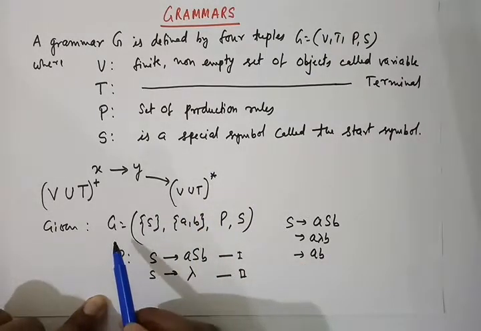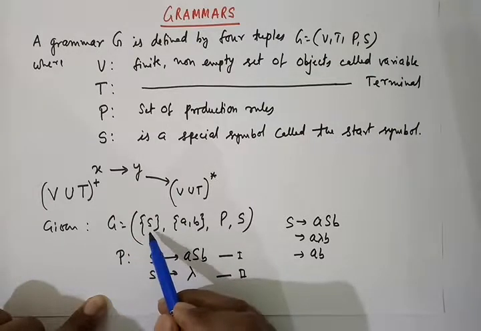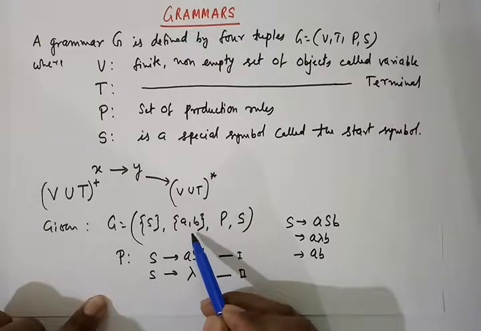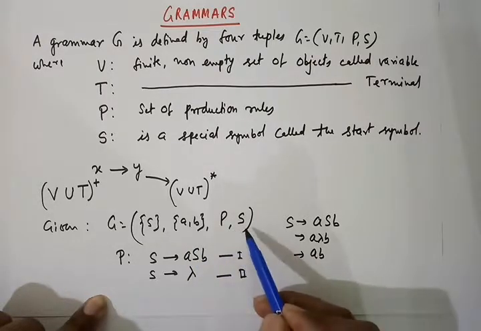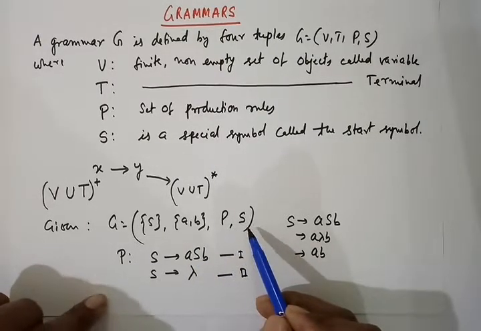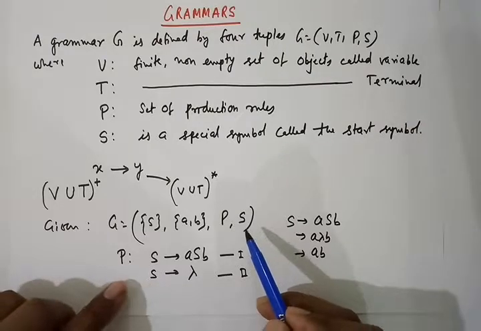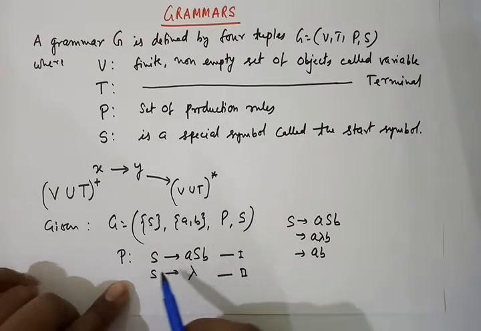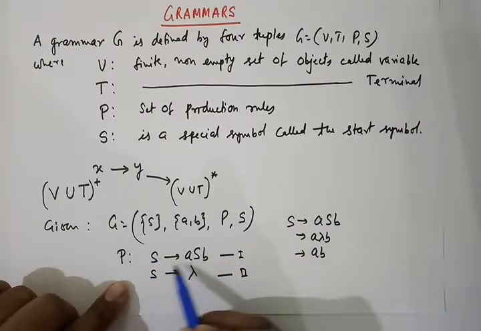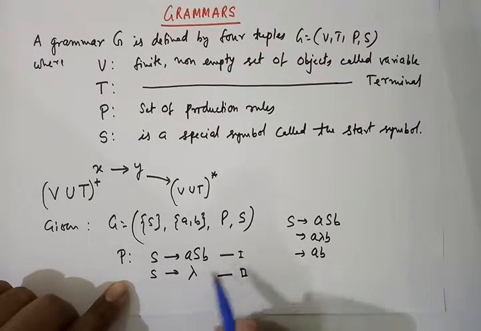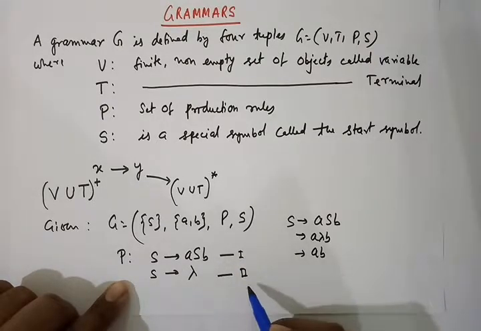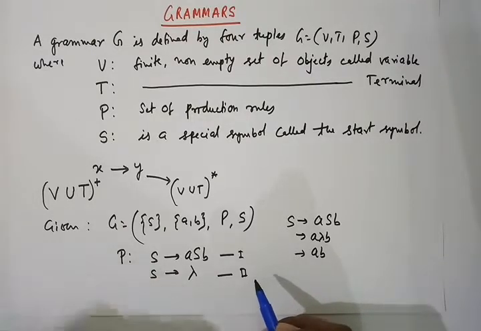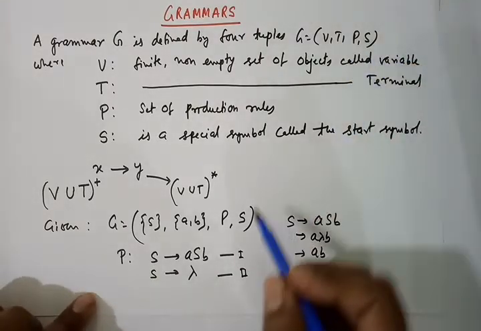Suppose in our example G equal to (V, T, P, S), this is our V, this is our terminal symbol T, production rules P, and S is the start symbol. Our production rules are given as S can be ASB and S can be null. This is production rule 1, this is production rule 2. So these four tuples are defined here.